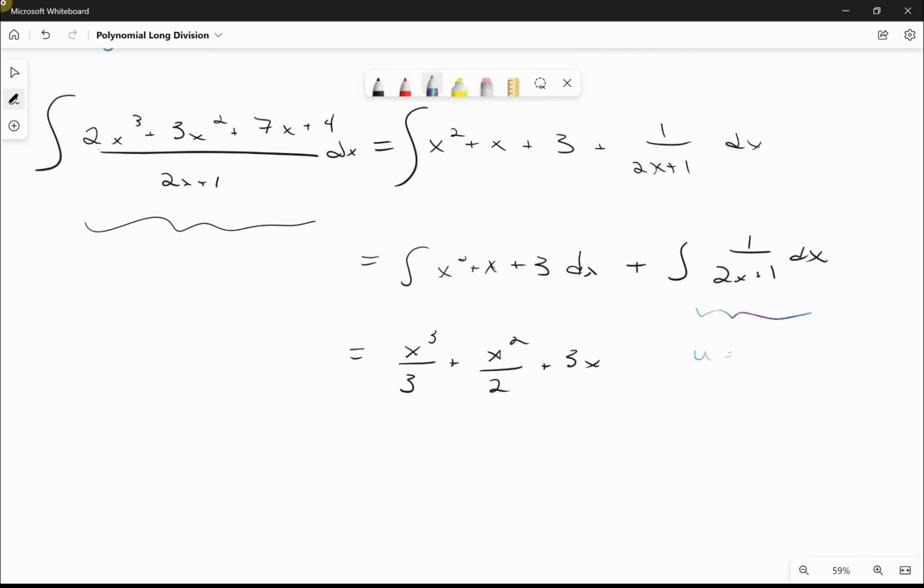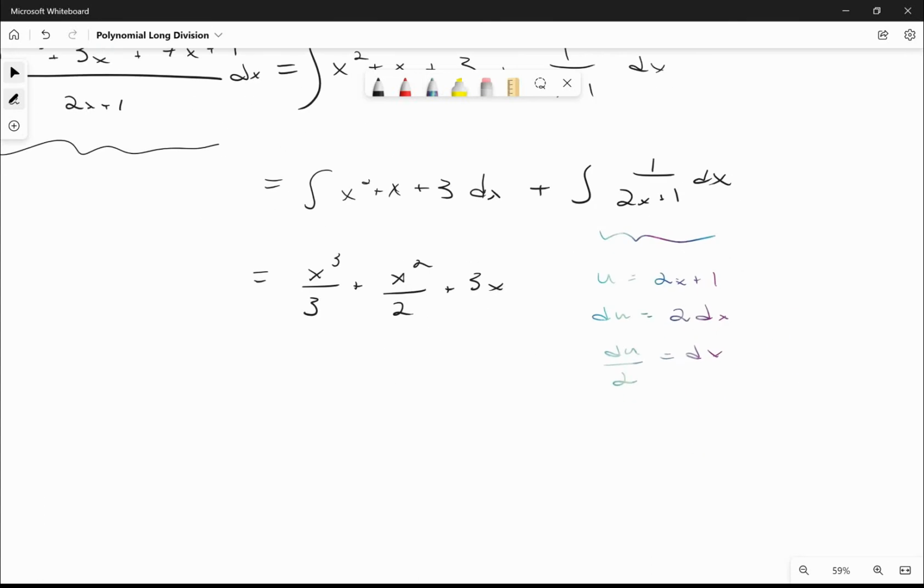So let u equal 2x plus 1, then du will be equal to 2 dx, right? So dx will be du over 2, right? And this will become this whole thing copied down, plus the integral of du over 2u, right? Which we could pull out this 1/2 here. It's just du over u.